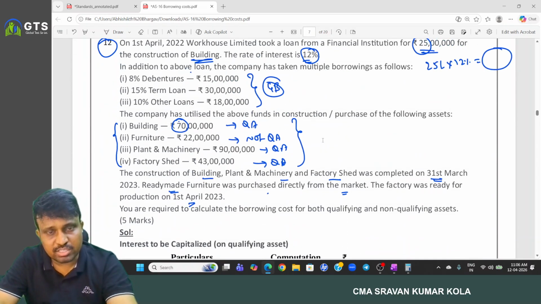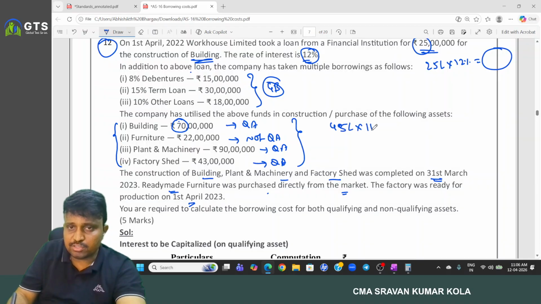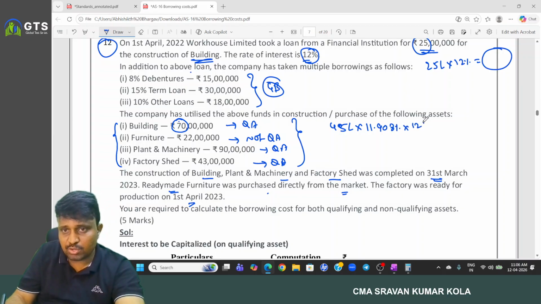We have to apportion it. And how to calculate? So 45 lakhs into 11.908% into 12 by 12, and 22 lakhs, so 12 by 12, and this is not capitalized because it is not a qualifying asset.